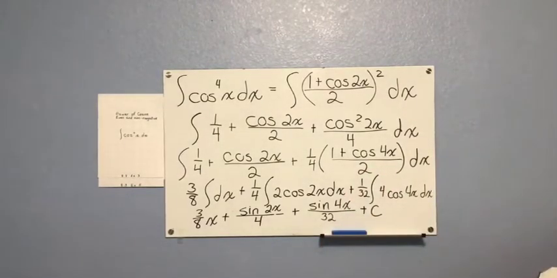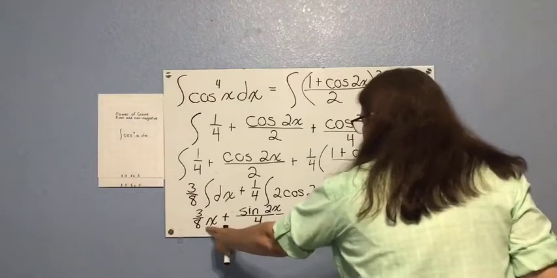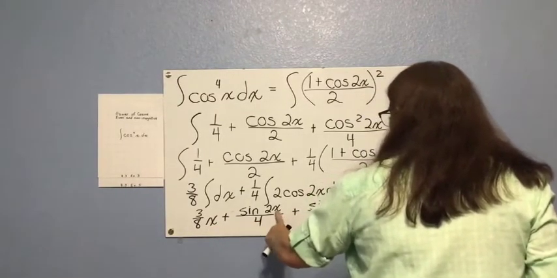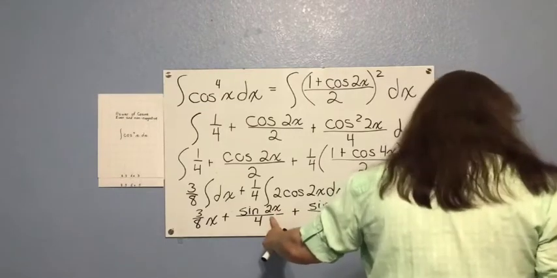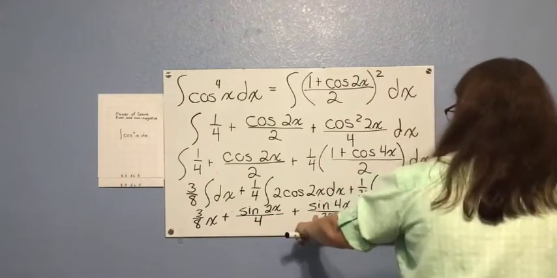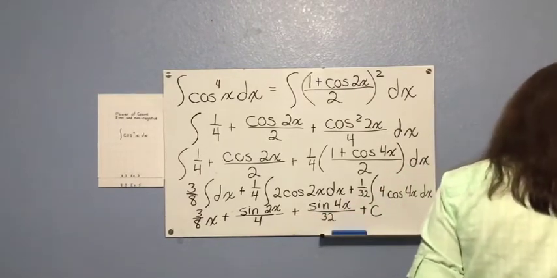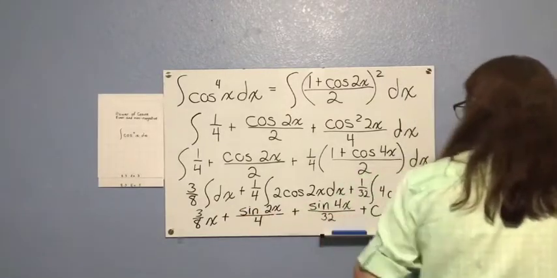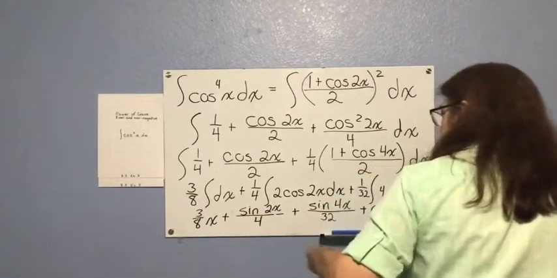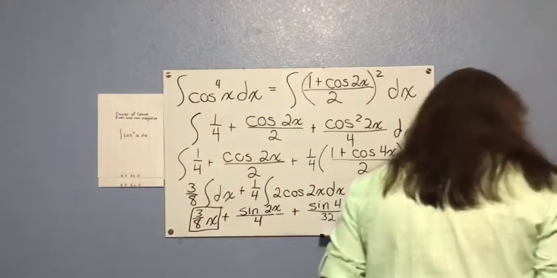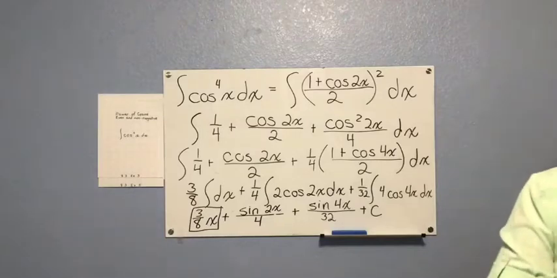In this example, if I were to evaluate this, say, from 0 to pi over 2, I would see that this first term would be 3 pi over 16. This would be 0. This would also be 0. And then evaluating at 0, all three of these would be 0. So the only thing that really mattered was that term evaluated at pi over 2.